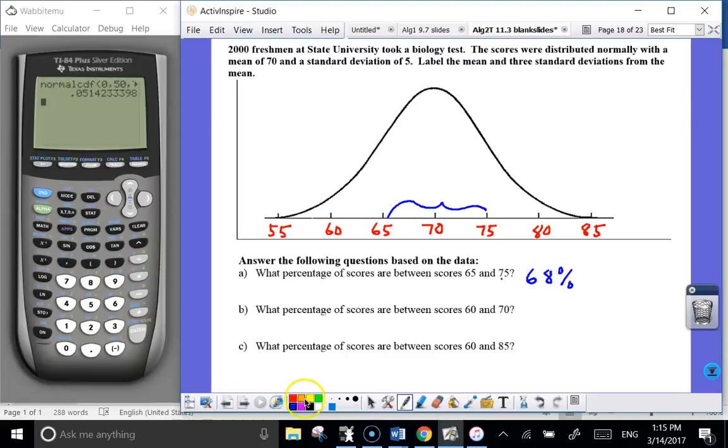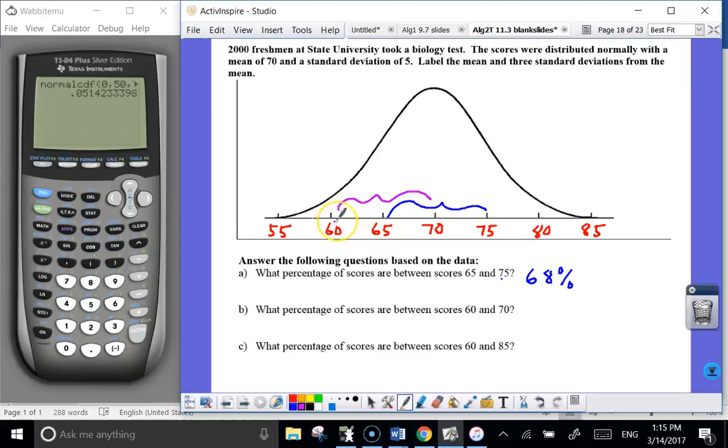All right, let's change colors. Okay, what percentage of the scores is in between 60 and 70? Well, you could add them up from that graph. The other thing you say, what would it be if I went from 60 to 80?